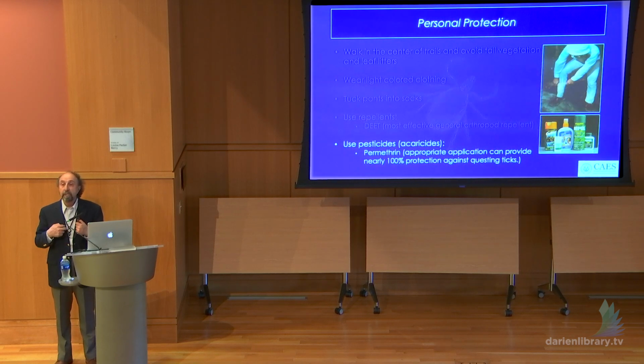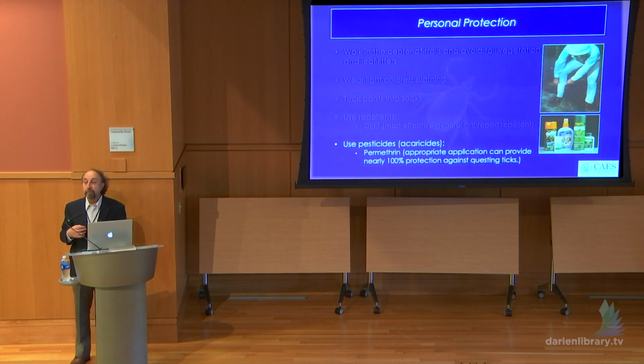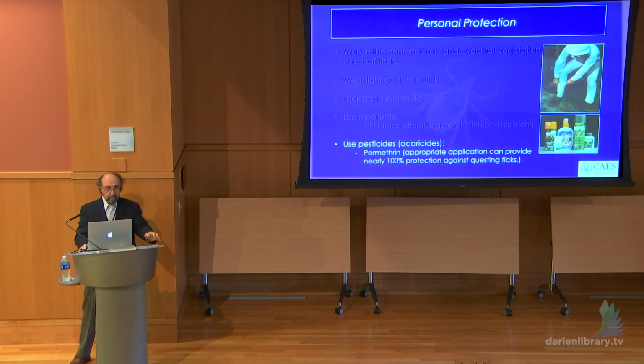Then put it on. Make sure you don't put those clothes on your direct skin. Have an underlay, so that in case of perspiration, that pesticide would not get into your skin.